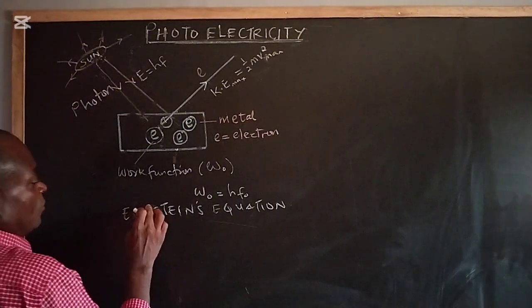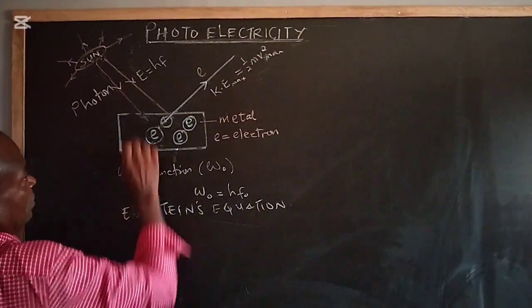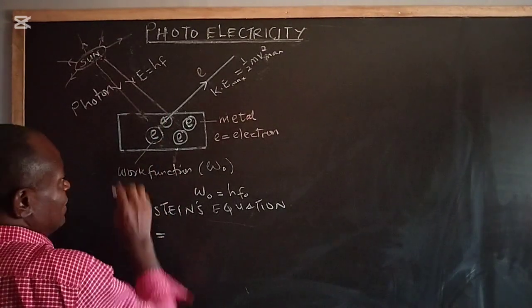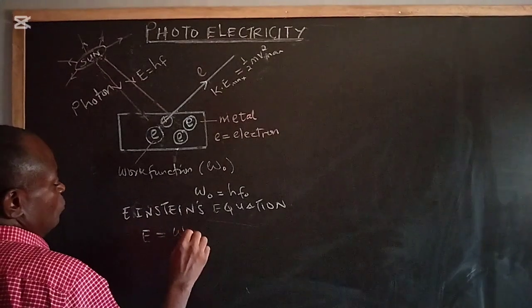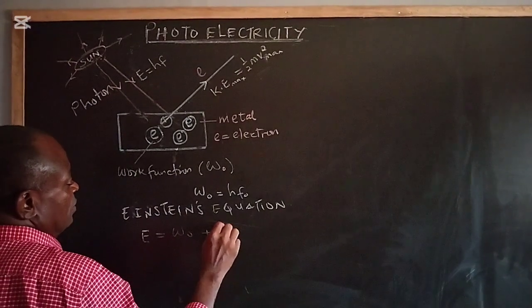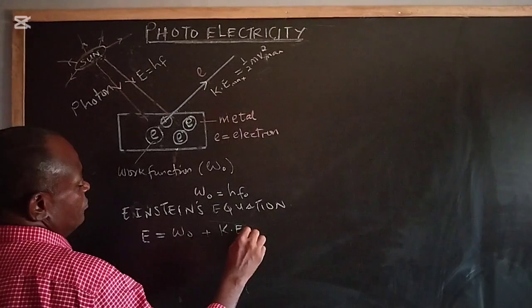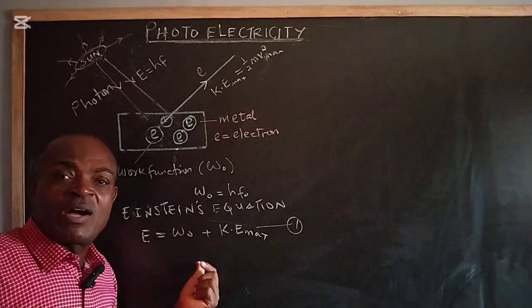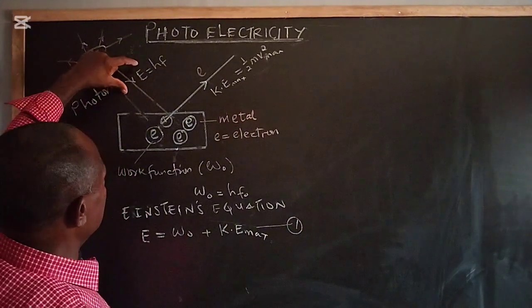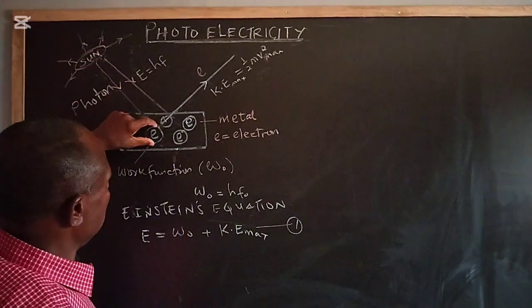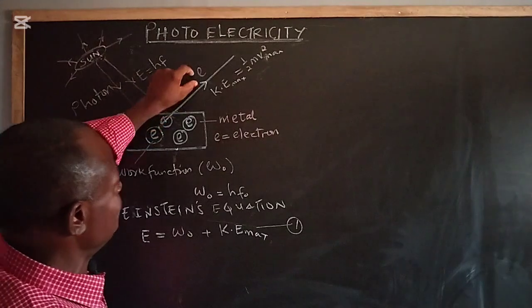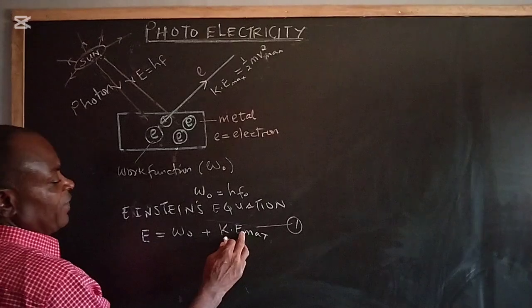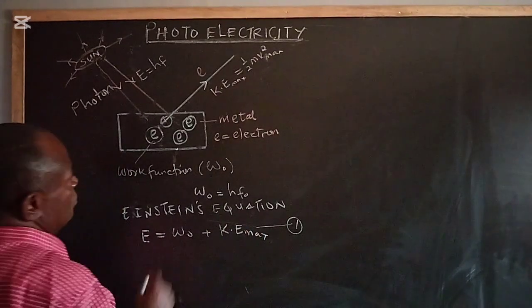The first step equation is that the packet of energy from the sun equals work function plus the maximum kinetic energy of the electron. You may call this equation 1. The total energy coming, part of it is used to overcome the work function, and the remaining part is possessed by electrons as kinetic energy. So this is the first level equation of Einstein's equations for photoelectricity.